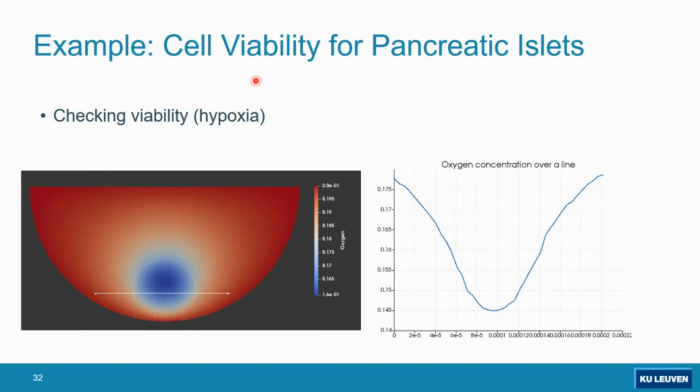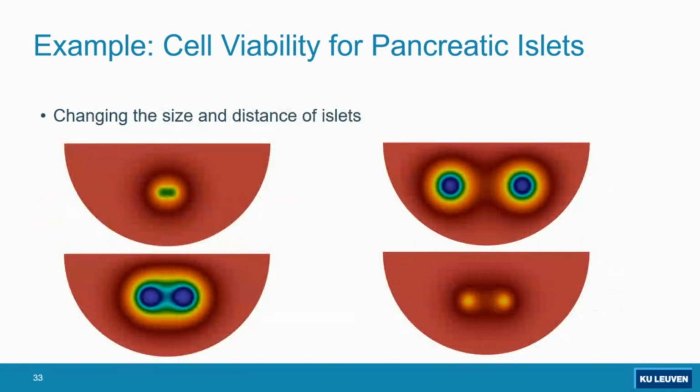By having these curves, we can find the most optimal setup and configuration for putting islets together. It means that we can test a wide variety of different conditions, changing the size and distance of islets in multiple simulations.